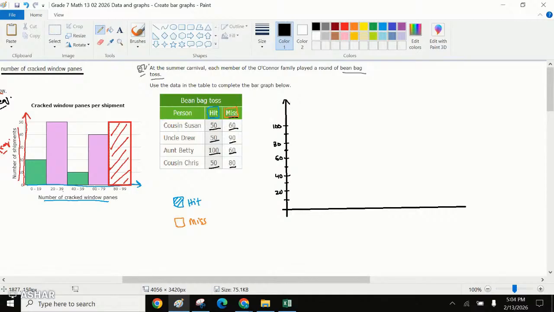And what does it represent? It represents the number of tosses that we have had, right? So the vertical axis represents the tosses. What about the horizontal axis? The horizontal axis will represent each cousin. So let's go for the cousin Susan.